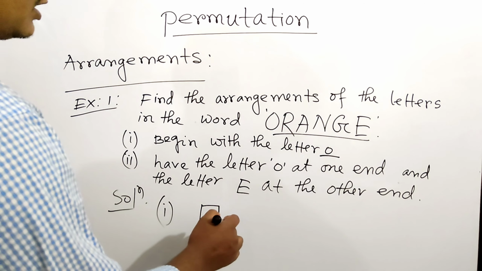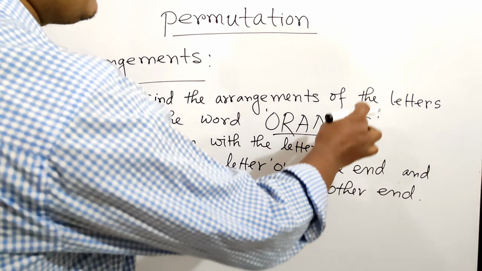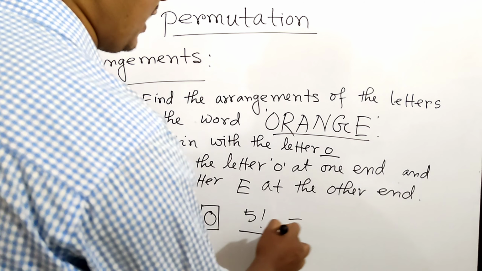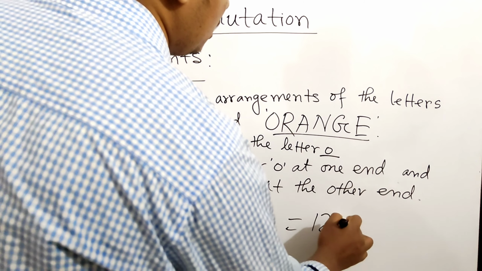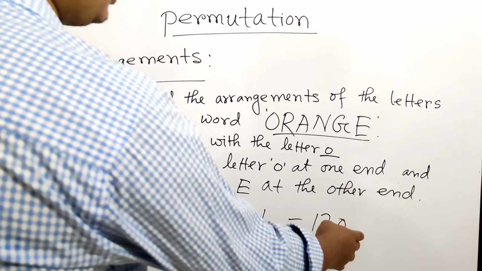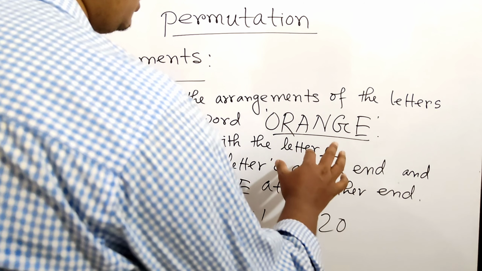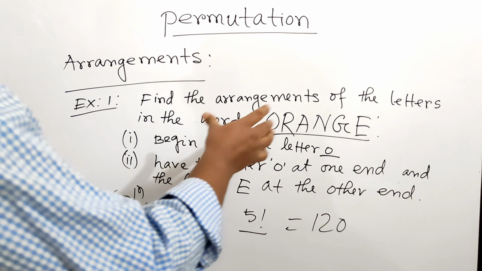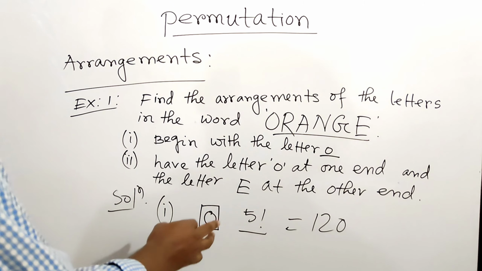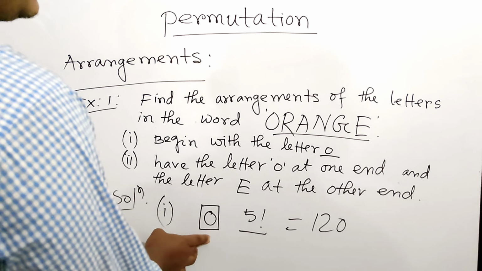So you can arrange these 5 letters in 5 factorial ways. So 5 factorial means 120. That means the number 1 answer is 120. That means in 120 ways you can arrange this word. So the condition is you first start this arrangement with the letter O.